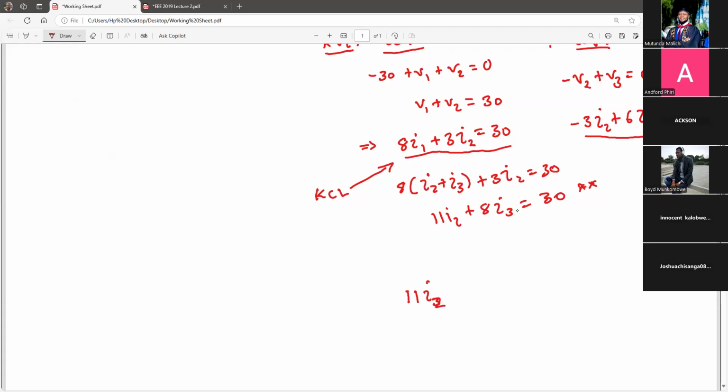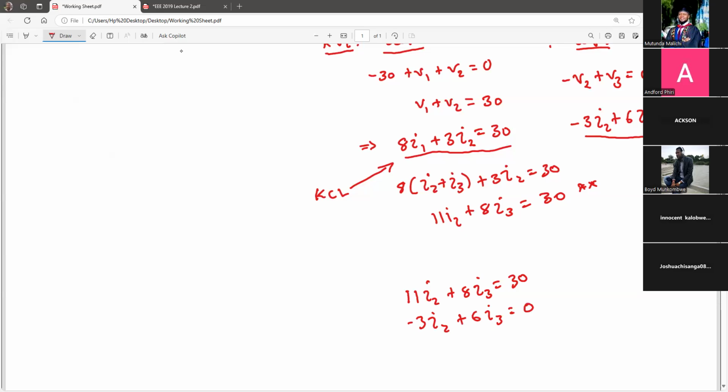So this is 11 I2 plus 8 I3 is equal to 30. Okay, so this is 11 I2 plus 8 I3 equal to 30. And then I have negative 3 I2 plus 6 I3 is equal to 0.